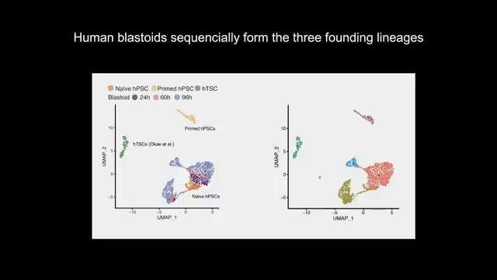And on these UMAPs, you can see that over time, the PXGL human pluripotent stem cells, in orange here, are first generating 2 cell types within 24 hours. And one cell type is very close to the PXGL cells, and it's the epiblast of the blastoid. And the other cell type is further away, and these are the trophoblast.